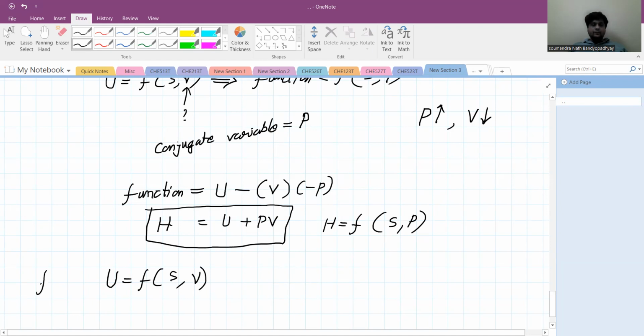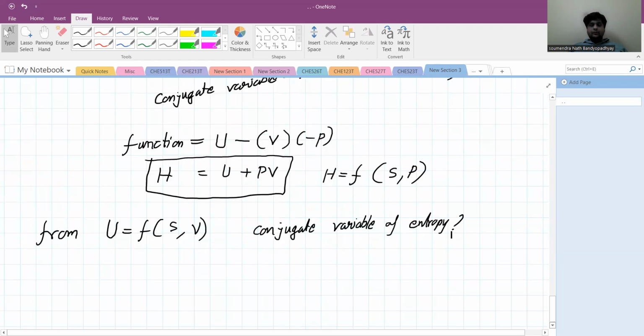So from U equals a function of S and V, you want to generate another state function, and this state function should depend upon the conjugate variable of entropy. So what is the conjugate variable of entropy? How to find that?